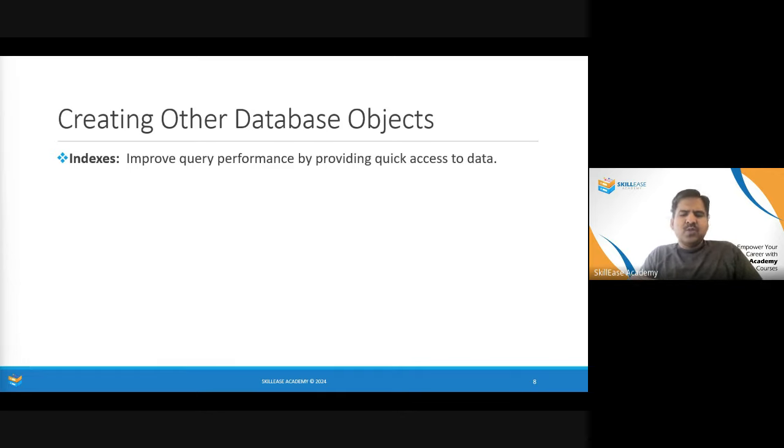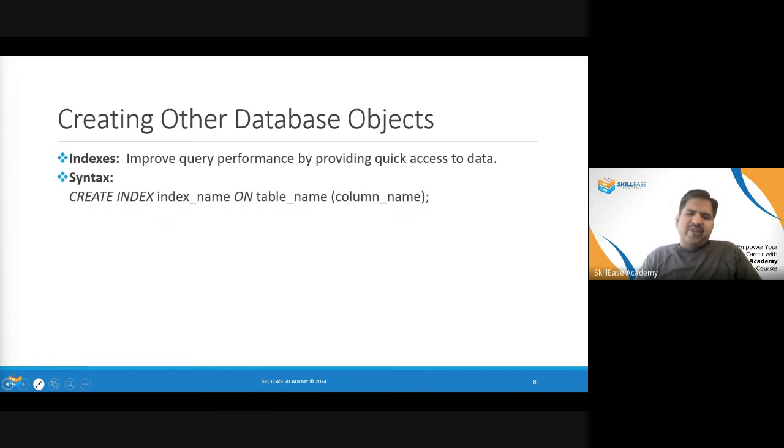They are particularly used for searching for a specific row based on the column value provided. They can also be used for performing a sort operation or a select operation. The common syntax of an index is the CREATE INDEX keyword, and then you provide the index name, and then the ON keyword.